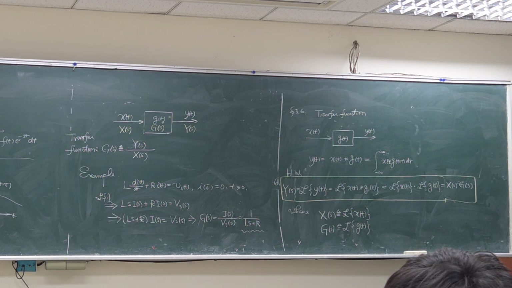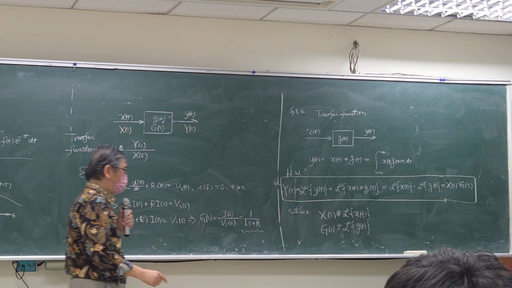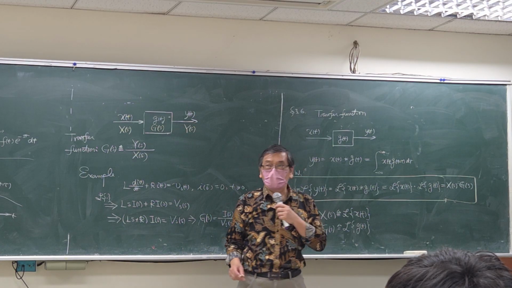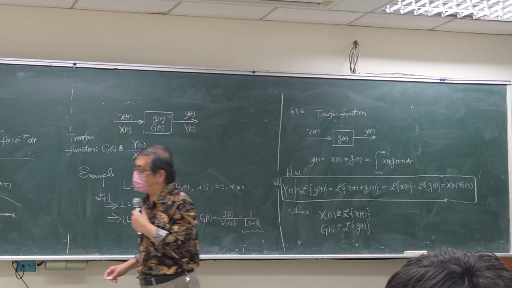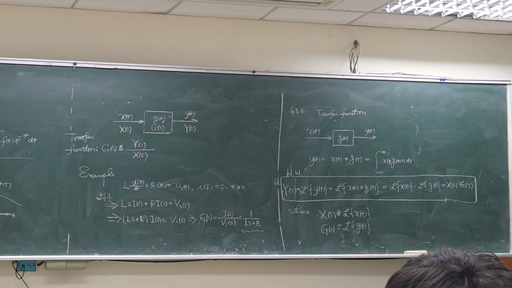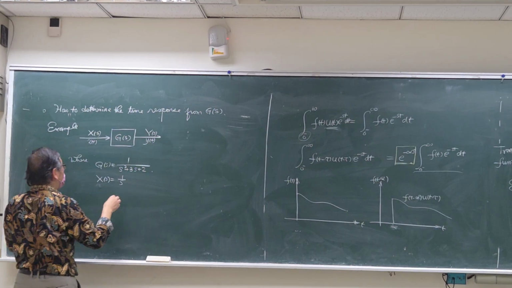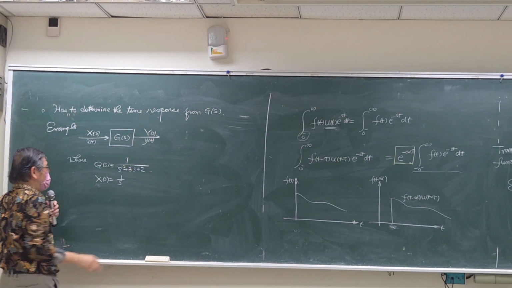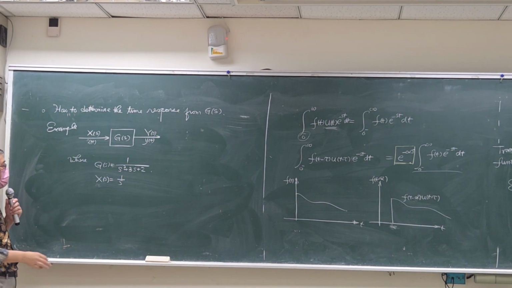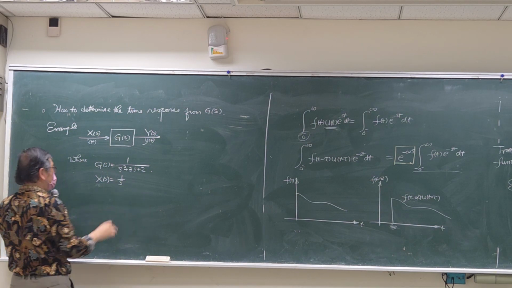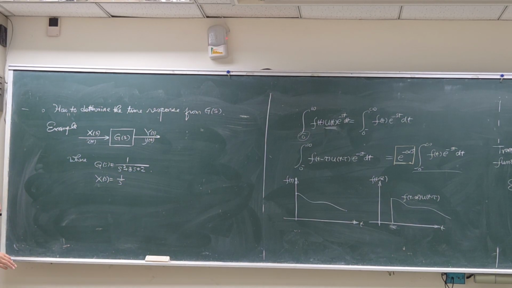Okay, let's consider this simple system. What we are going to do is determine the time response of the output. The corresponding functions in the time domain are x(t) and y(t) respectively. Suppose we are given the transfer function G(s) equal to 1 over s squared plus 3s plus 2.